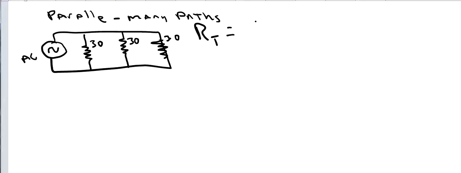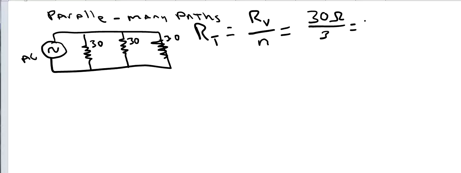To determine the total resistance, we could use the value of the resistors that are the same over however many there are. In this example, the value of them is 30 ohms, and there are 3. We just simply divide that to determine the total resistance value, which is 10 ohms.